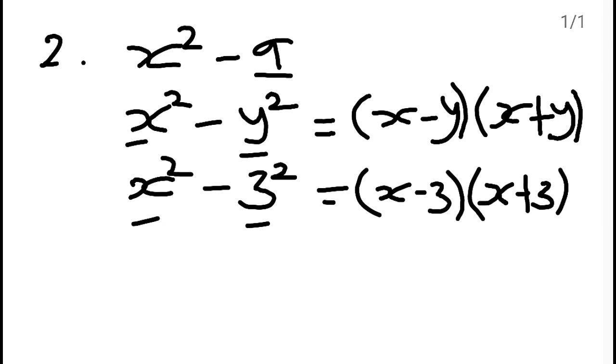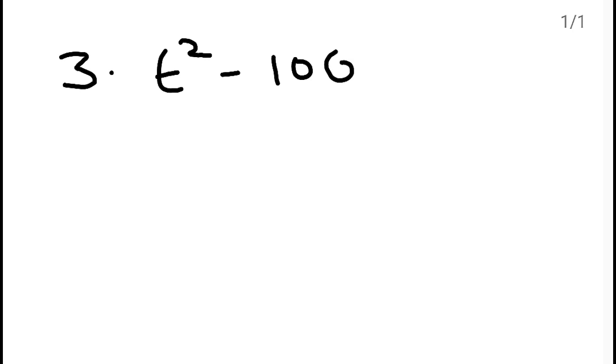We shall be moving to another example, that will be example number 3. And number 3, we also want to factorize a simple one, that is t squared minus 100.